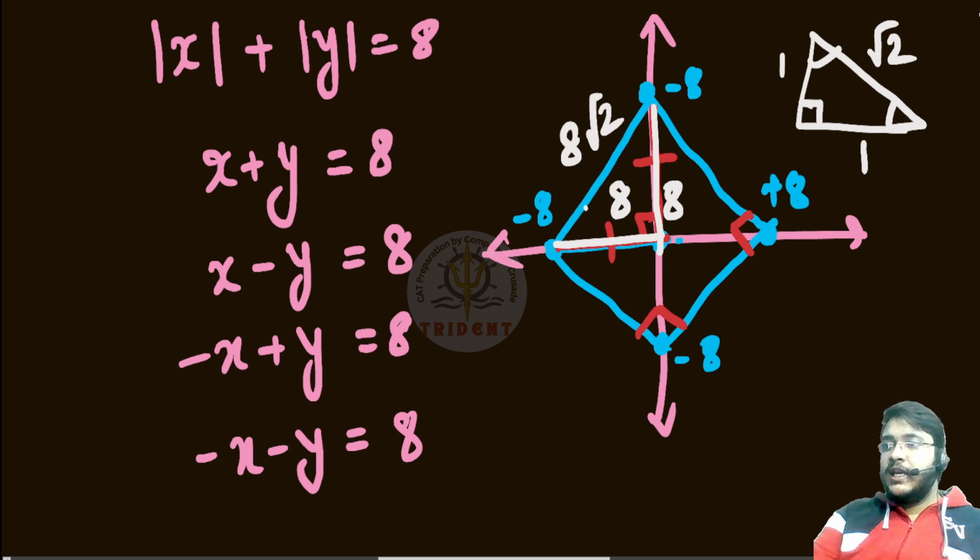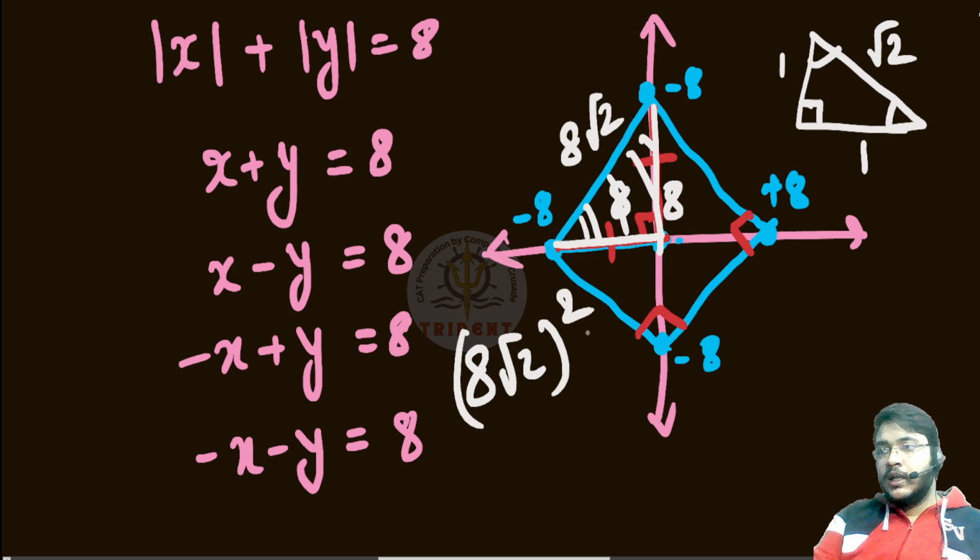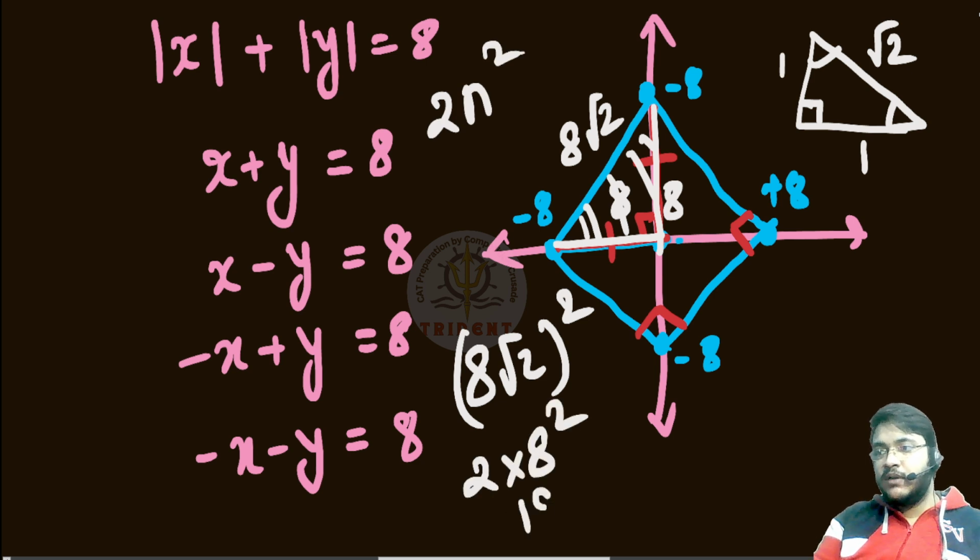Now I can predict the area of the square region: the area of the square will be 8 root 2 whole square. And this 8 root 2 whole square is nothing but what we predicted earlier, which is 2n square, 2 into 8 square, that is 128. 8 square is 64, 64 into 2 is 128. Makes sense, right?